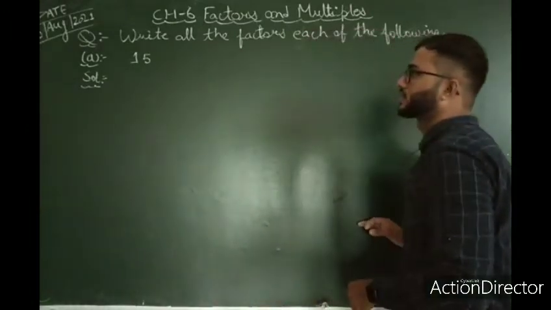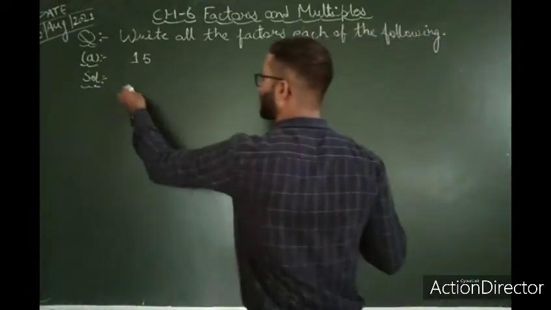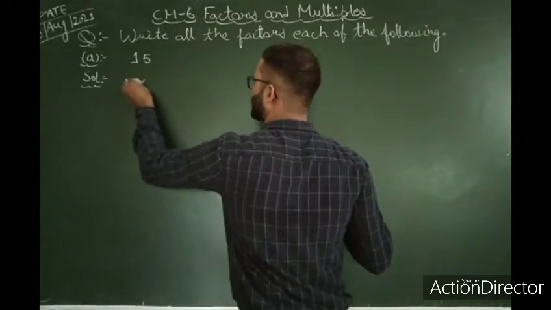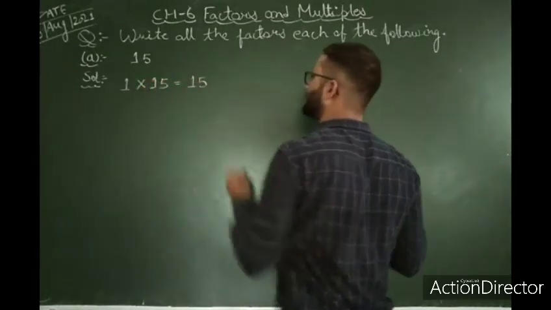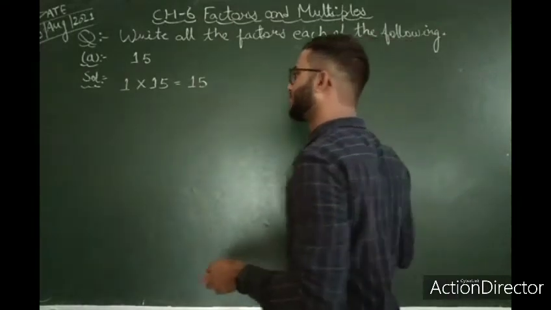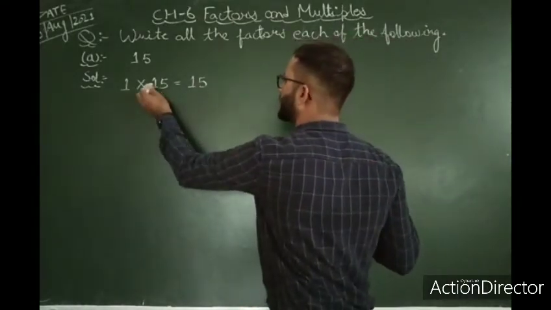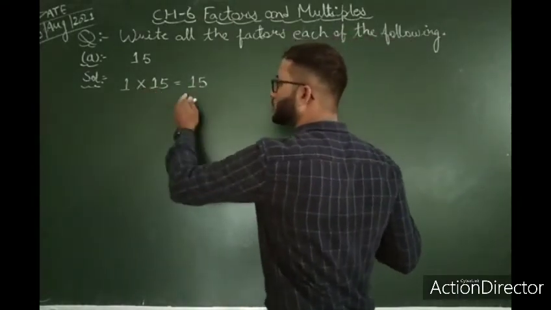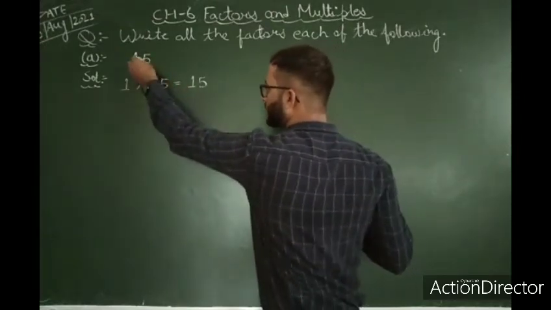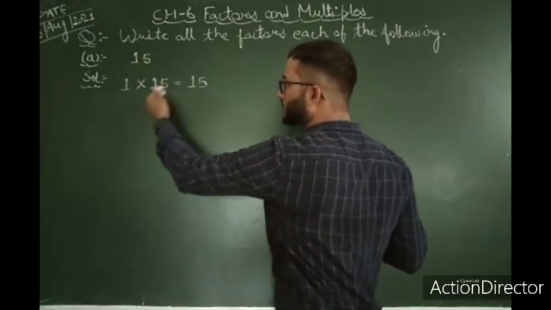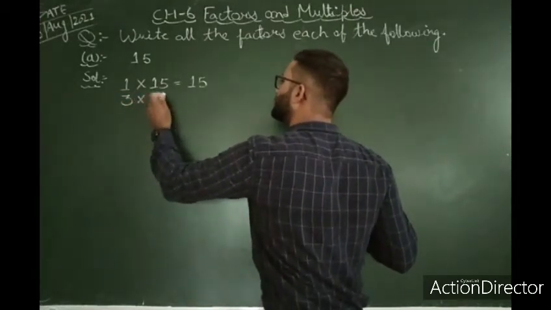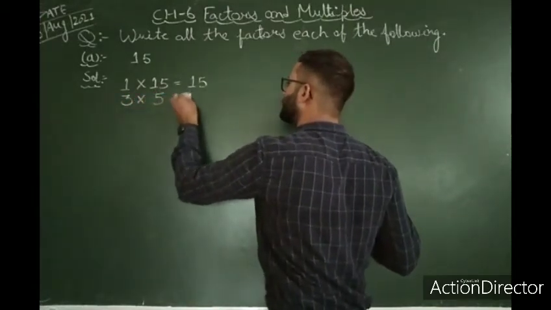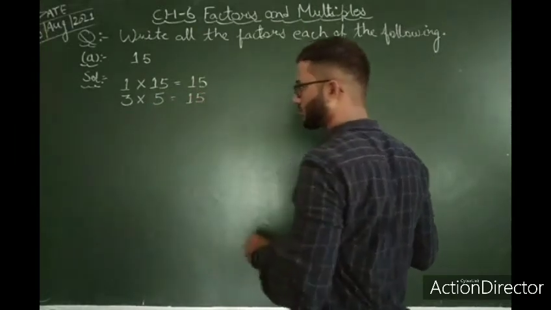So here first we start from 1. If you multiply 1 and 15, here we get 15, and you also say that 1 divides 15 without any remainder. Now 2. 15 is not divisible by 2, right? Now 3. Here 3 divides 15 how many times? 3 5s are 15. Right.